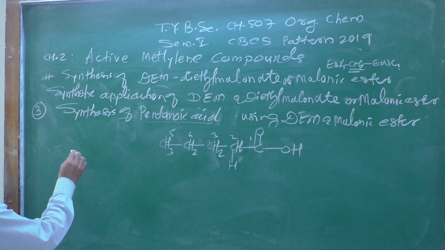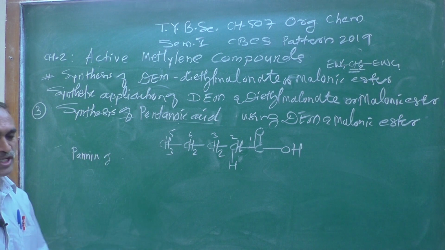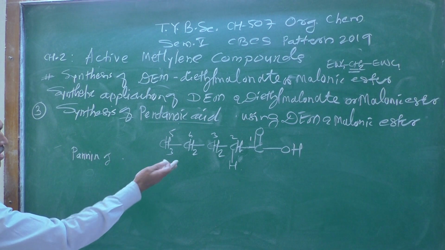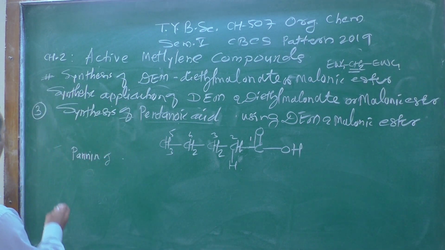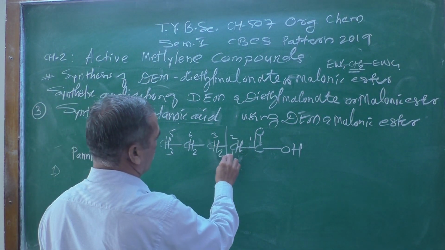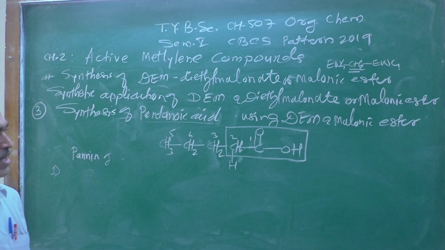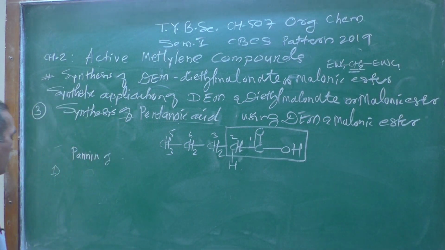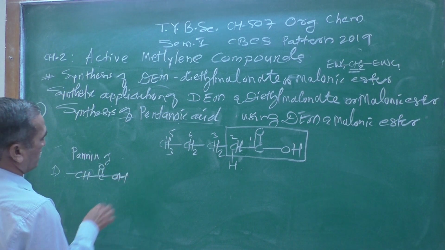So now the next point is the planning. Do the proper planning here. In the planning, as usual, we mention 2 or 3 points depending upon the requirement of the starting material. So the first point: I am highlighting this part of the organic compound, CH double bond O, OH.